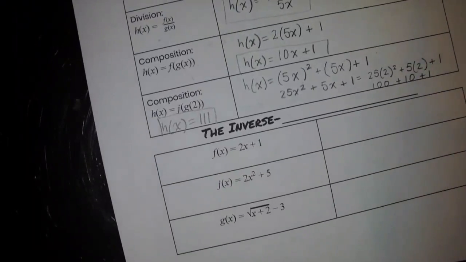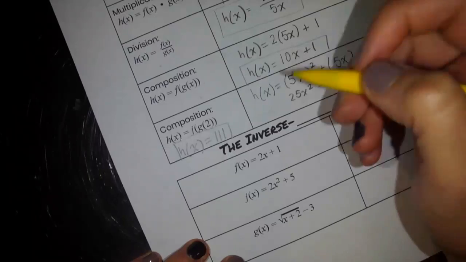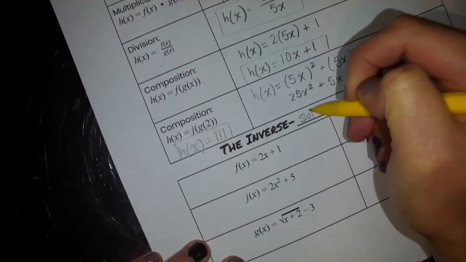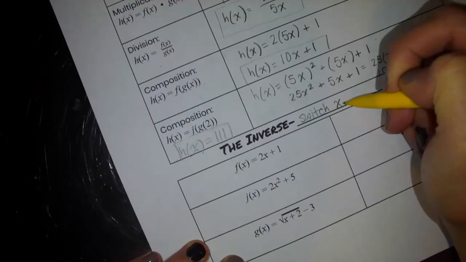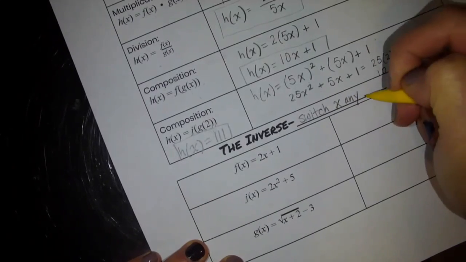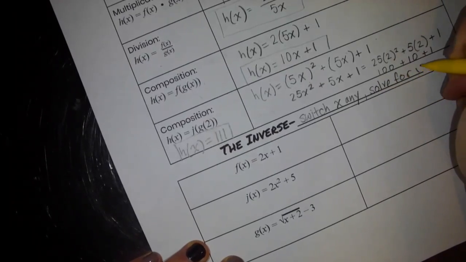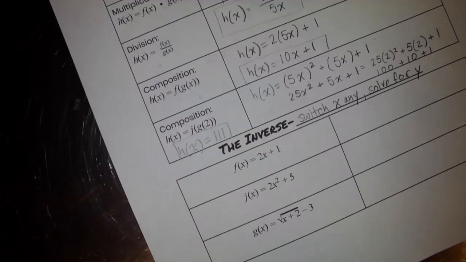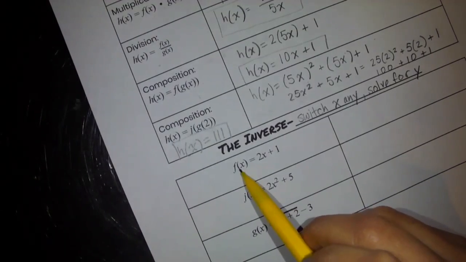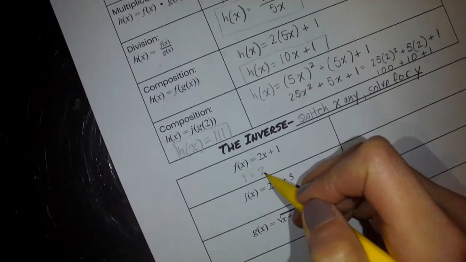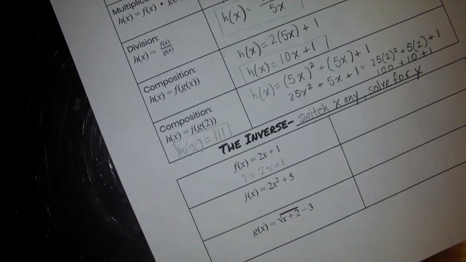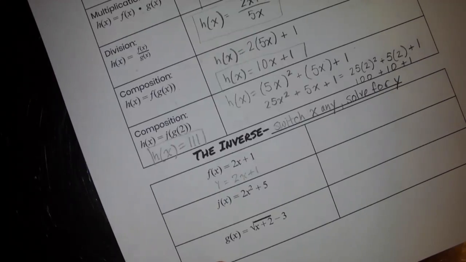The second part is finding the inverse. So when we find the inverse of a function, all we are doing is switching the x and y and then solving for y. Okay, so this is like our y. And so I'm trying to find the inverse of f of x here.